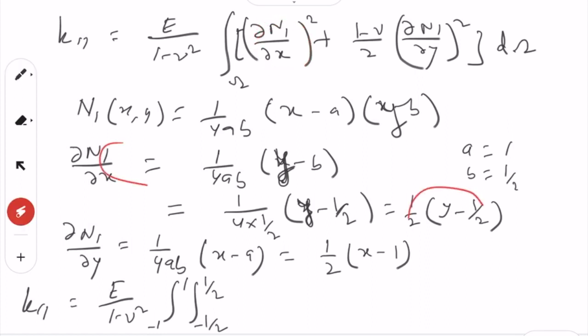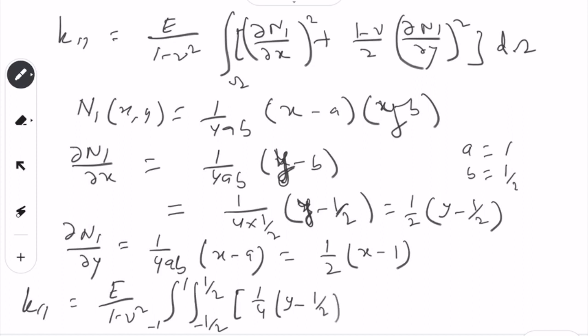The square of this is 1 over 4. So, right here 1 over 4 (y minus half) square, 1 over 4 this, okay, then plus (1 minus nu) over 2, and then del N1 over del y, which is this one.